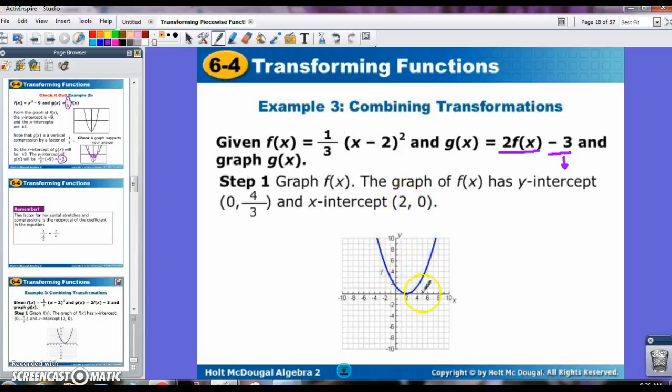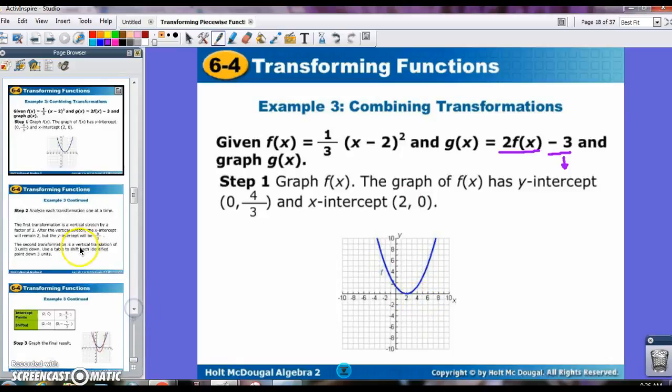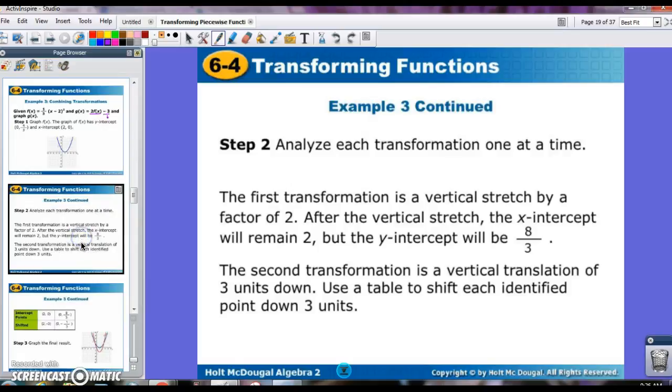So those are our two intercepts. Now, from there, we have to analyze the transformations separately, because remember, we had a vertical stretch of 2 and then a shift down of 3. So let's do them separately.